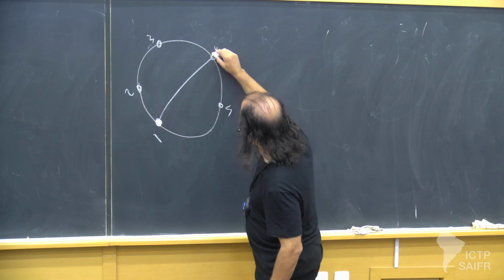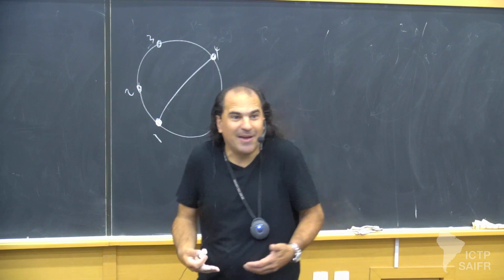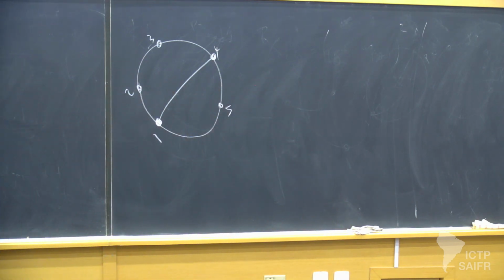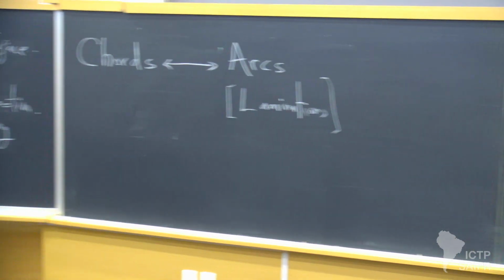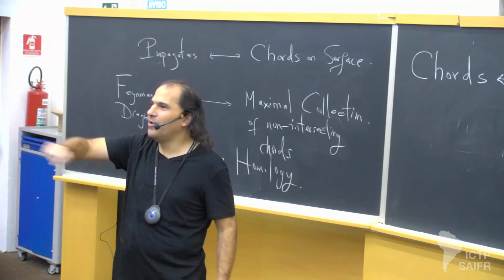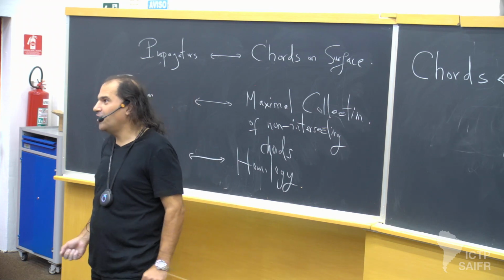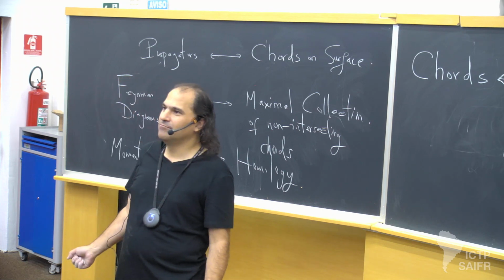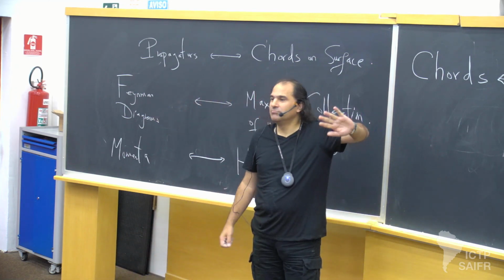This is going from 1 to 4, but 1 and 4 are exactly those black regions. They're not actually on my surface. They are the holes that are not there in the surface. It's a little funny to label curves on the surface where the start and end points of the curve are not on the surface.